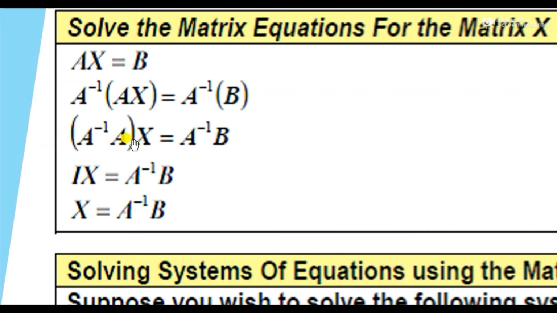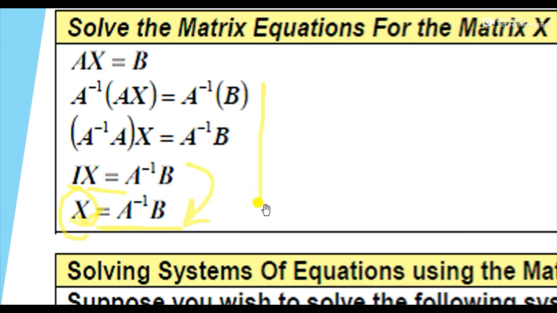A inverse into A gives an identity matrix I, and X is as it is, equals A inverse B. I into X, where I is the identity matrix, when multiplied with any X will always give us back the X. So this will be equal to A inverse B.